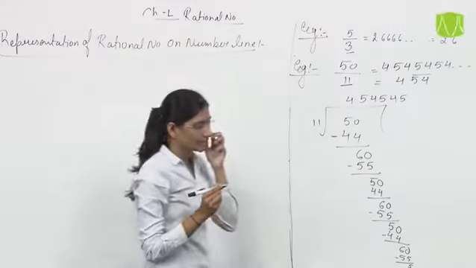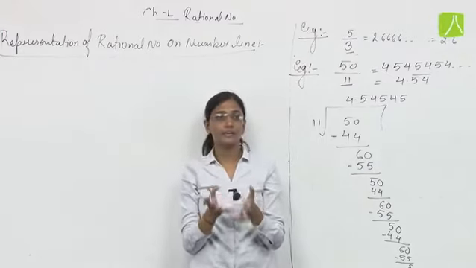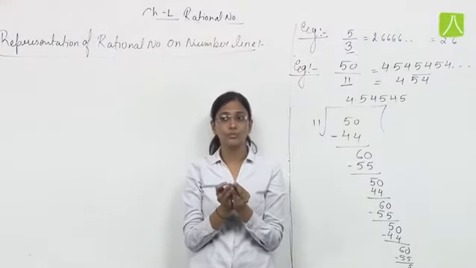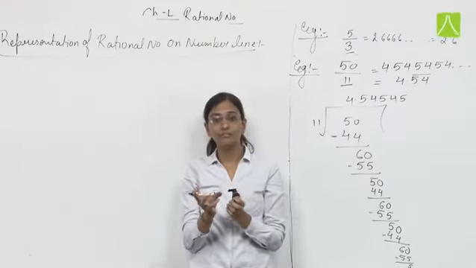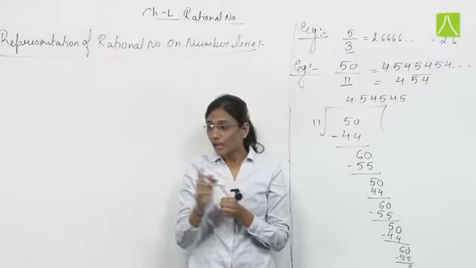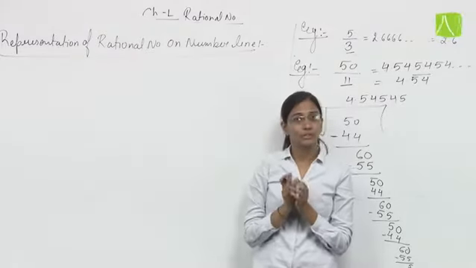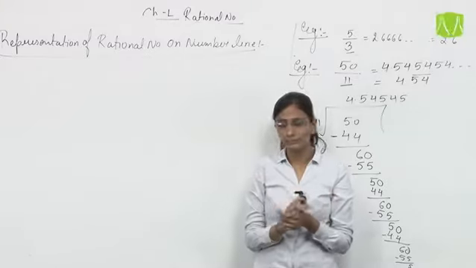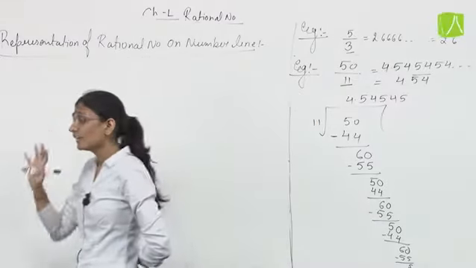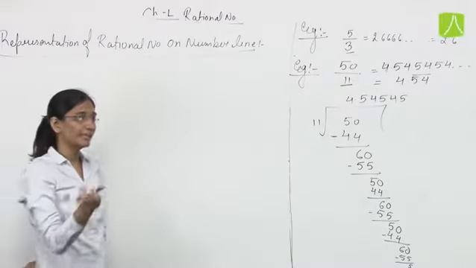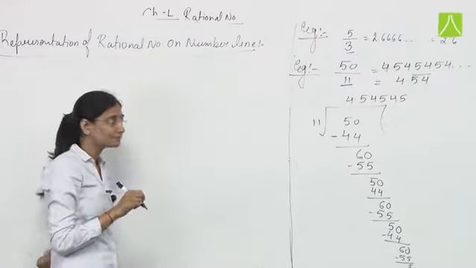As we have studied, a rational number is a real number which represents any real physical quantity. Any real number can be represented on the number line. Similarly, any rational number is a real number, so it can be represented on the number line.